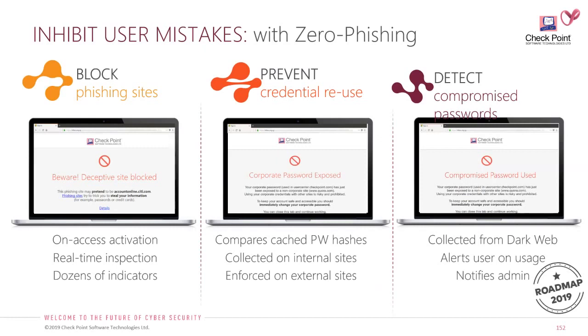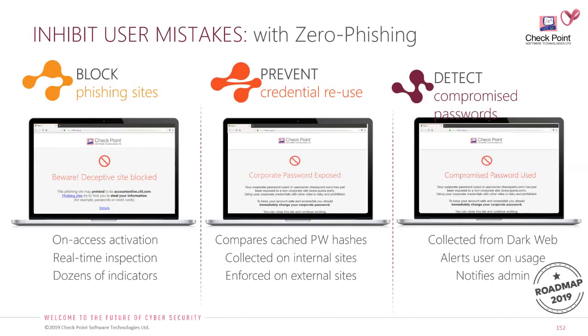When the user clicks that link and tries to modify the password, it leads to an account takeover attack. Identity theft will happen. So these kinds of things can be prevented using the deceptive site technique, which can be blocked.